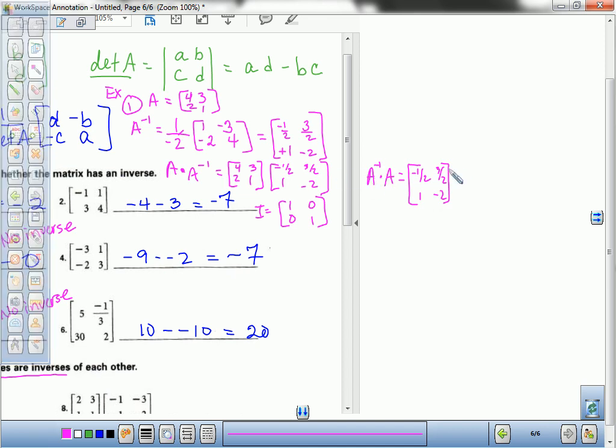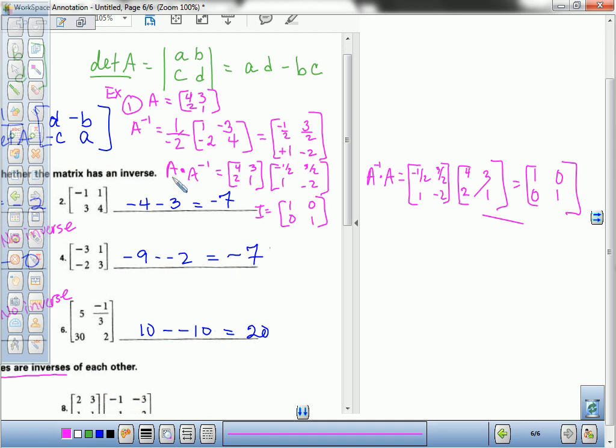So this time I'm starting with A inverse, and then I do A. I'm still going to get -2 plus 3 is 1. And then I get -3/2 and +3/2 is 0. Then I get 4, take away 4 is 0. And 3 minus 2 is 1.